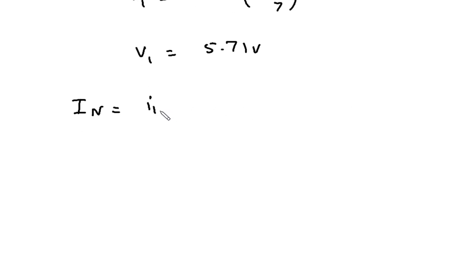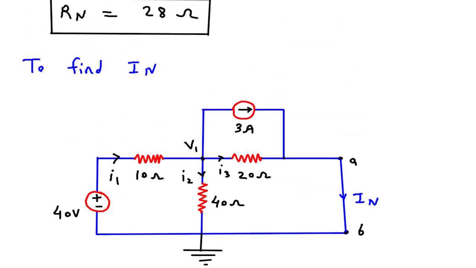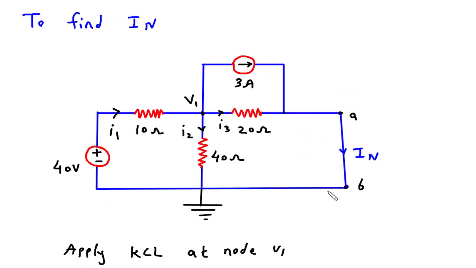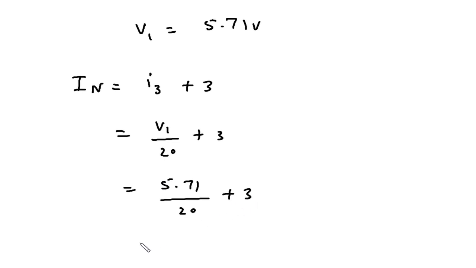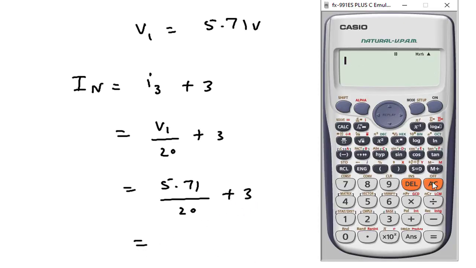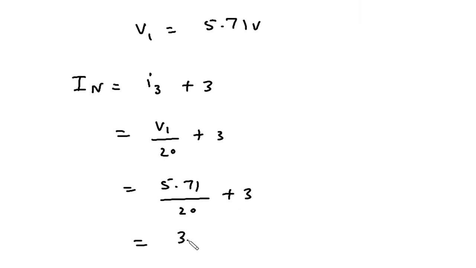Now I3 is (V1 minus 0) by 20, so In is V1 by 20 plus 3, and V1 is 5.71. So 5.71 by 20 plus 3 is 3.28. 3.28 is the value of In.